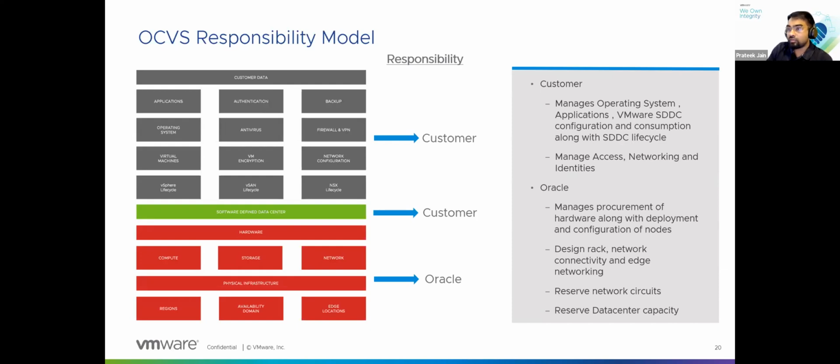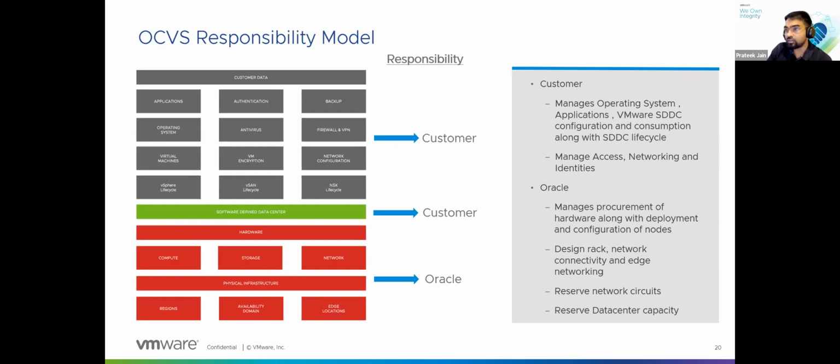And then you would have the general responsibilities which all of us have in a general hyperscaler environment for authentication, applications, backups, antivirus, operating system management, and others. But in addition to that, because it's your control environment, you would have to manage the SDDC lifecycle as well.